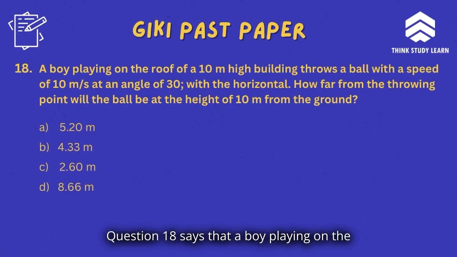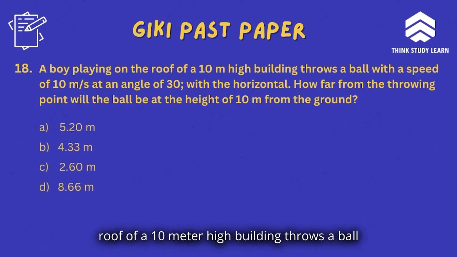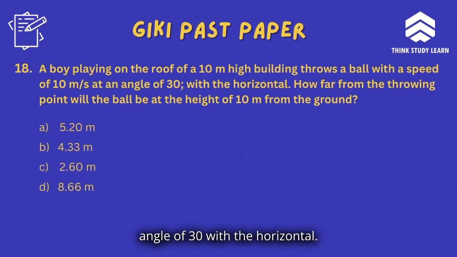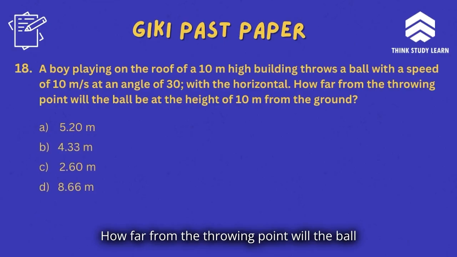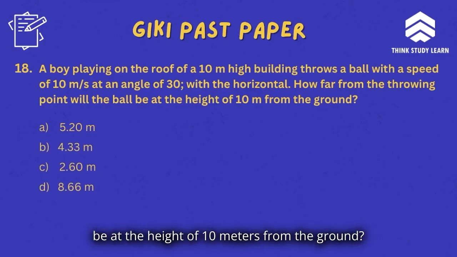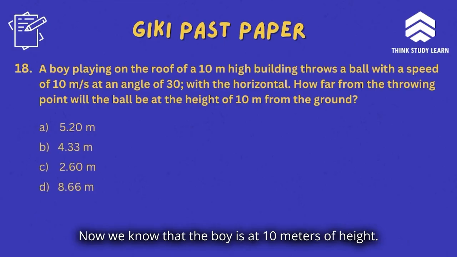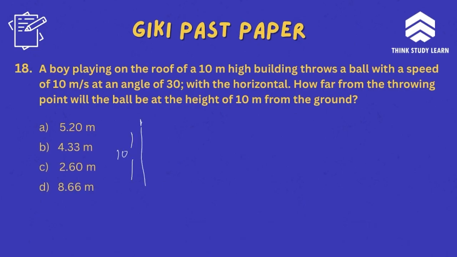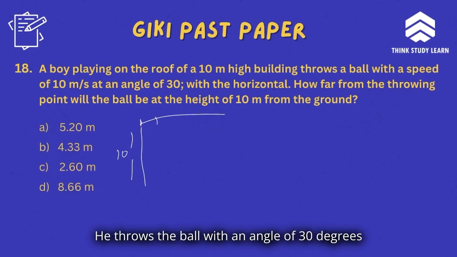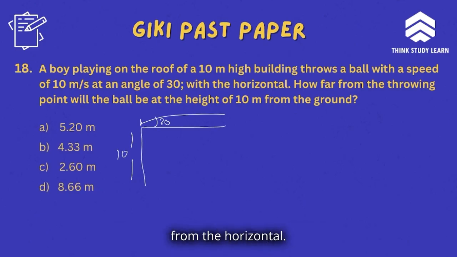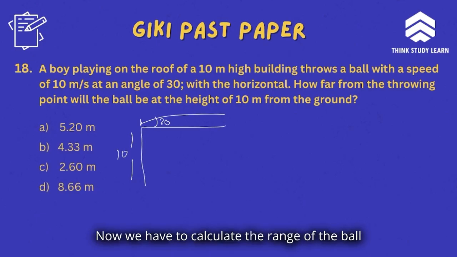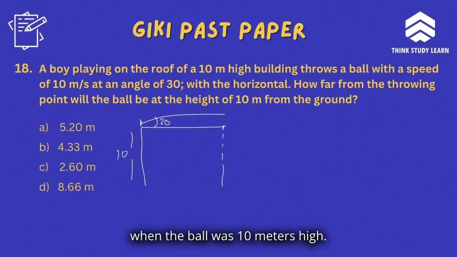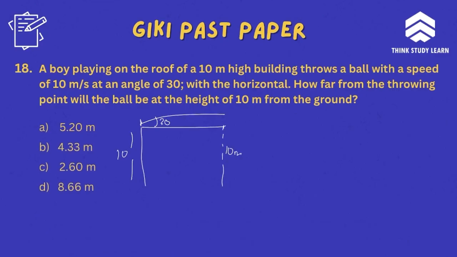Question 18 says that a boy playing on the roof of a 10-meter high building throws a ball with a speed of 10 meters per second at an angle of 30 with the horizontal. How far from the throwing point will the ball be at the height of 10 meters from the ground? Now we know that the boy is at 10 meters of height. He throws the ball with an angle of 30 degrees from the horizontal. Now we have to calculate the range of the ball when the ball was 10 meters high.